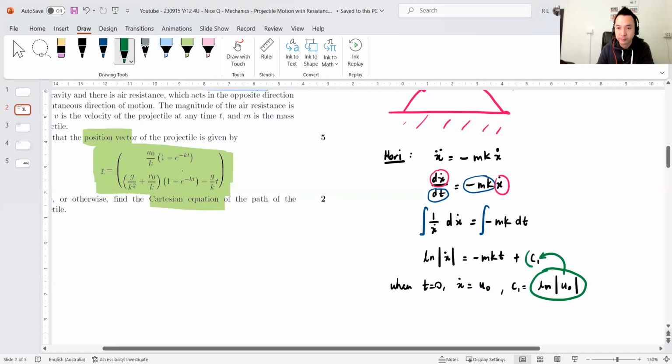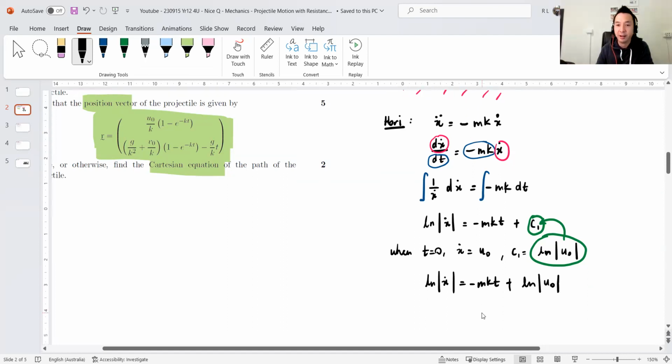Back into here, right? And then therefore I get ln x dot equals negative mkt plus ln u0. Now, what am I trying to do? I'm trying to make x dot the subject, right? So I'm going to combine the ln's and then exponentiate both sides.